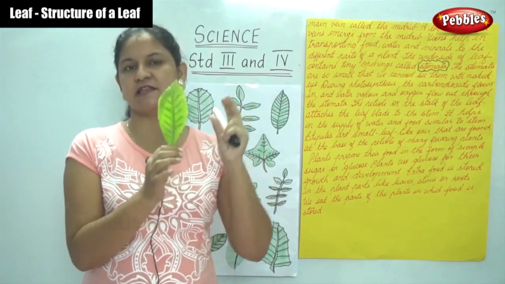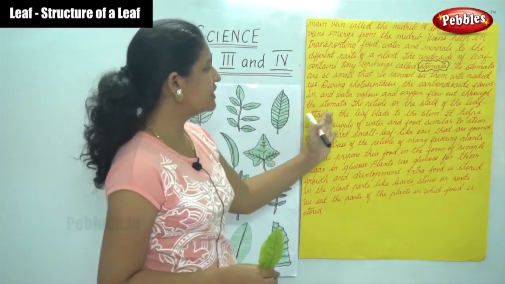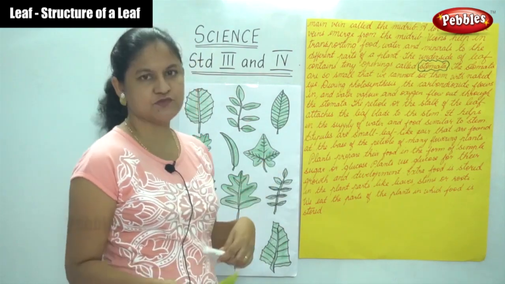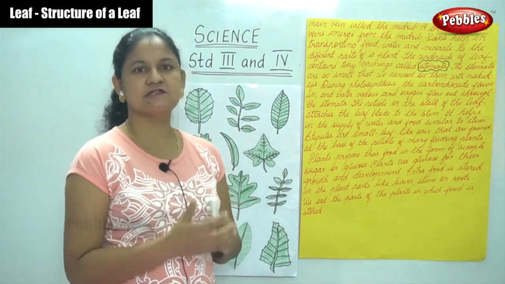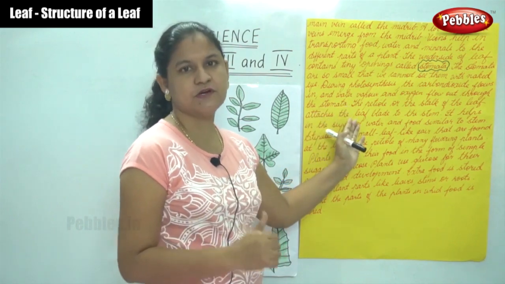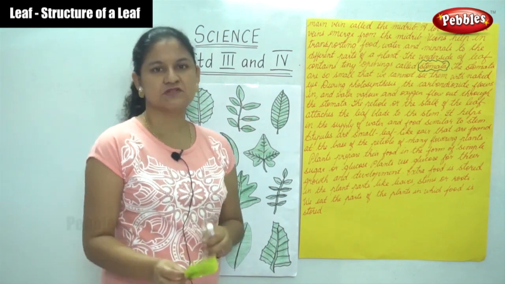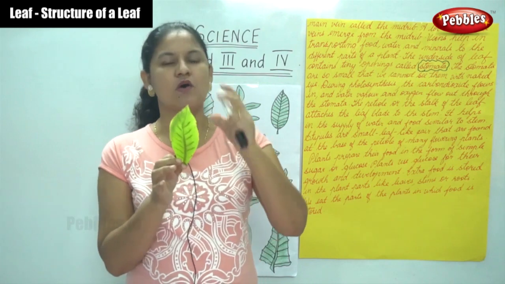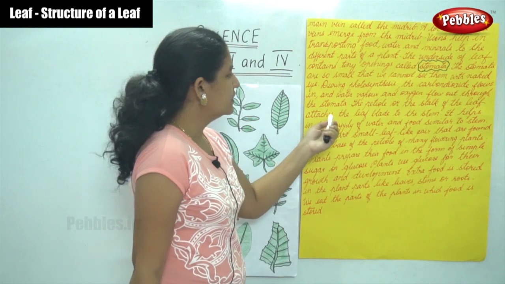During photosynthesis, when the plant is preparing its food, the carbon dioxide flows in, and water vapor and oxygen flow out through the stomata.